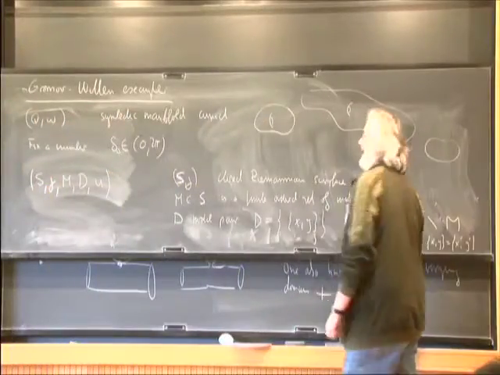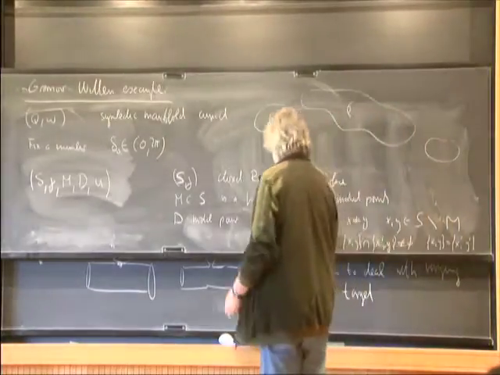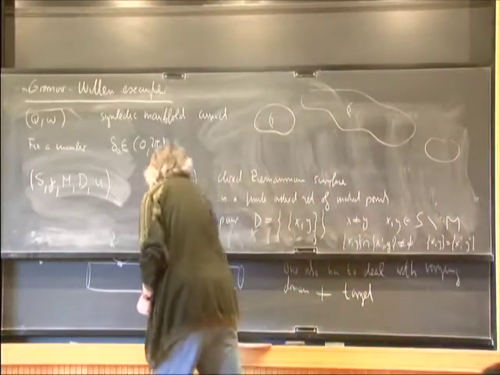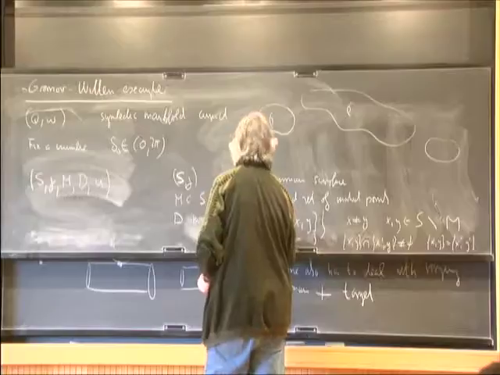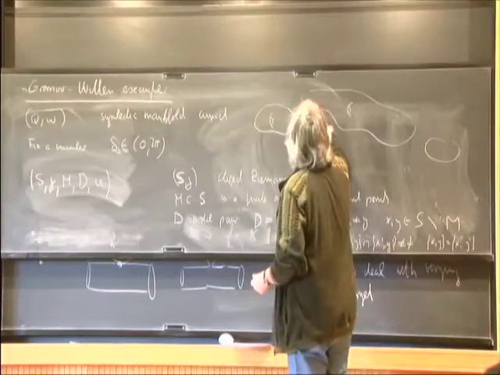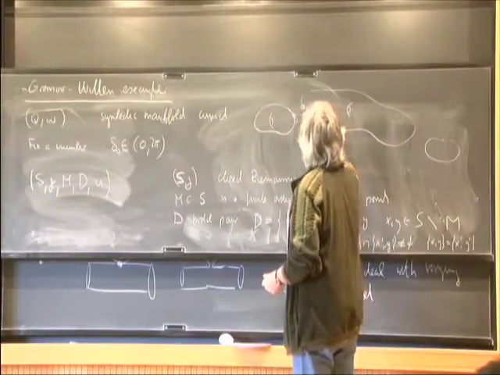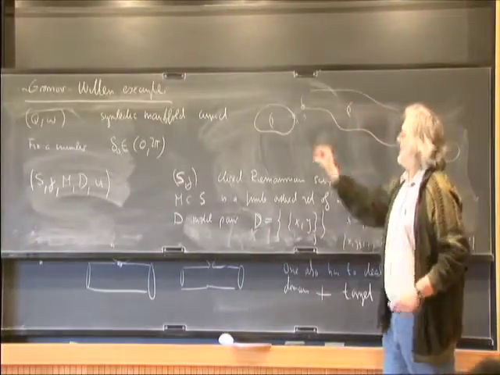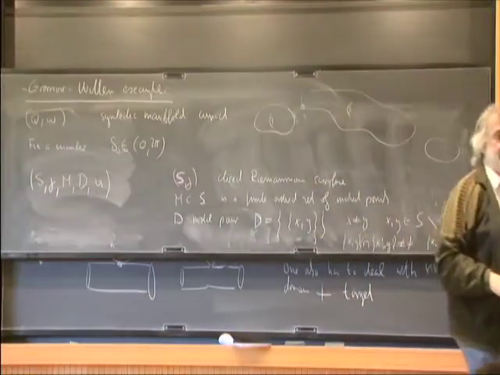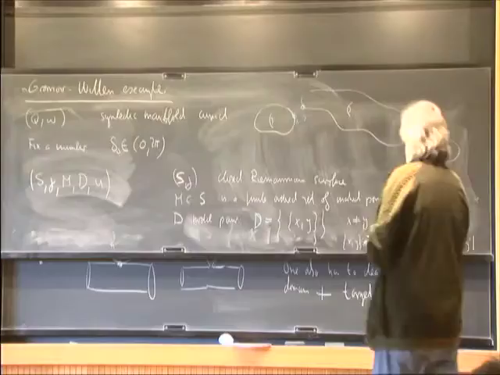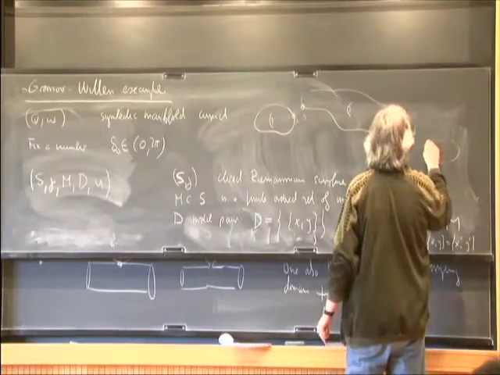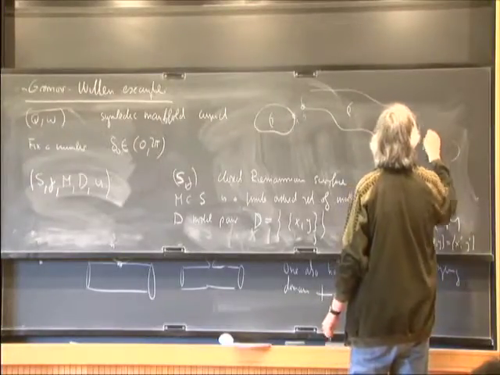Okay, good. So now my D consists of pairs like this, for example. And you should think of these two things as being identified. And here maybe we have x prime, y prime.